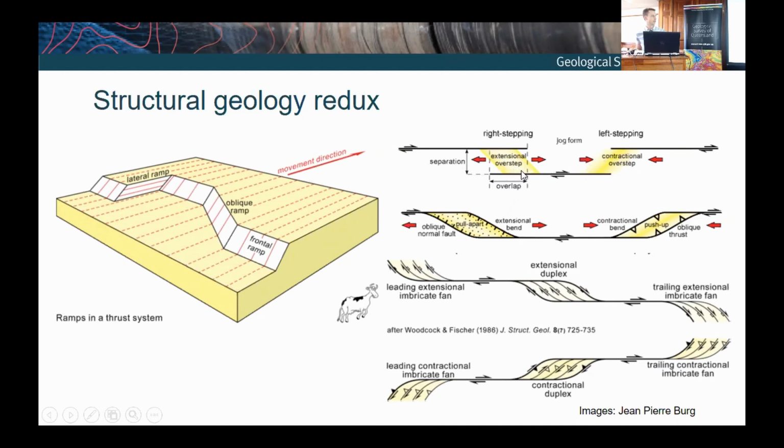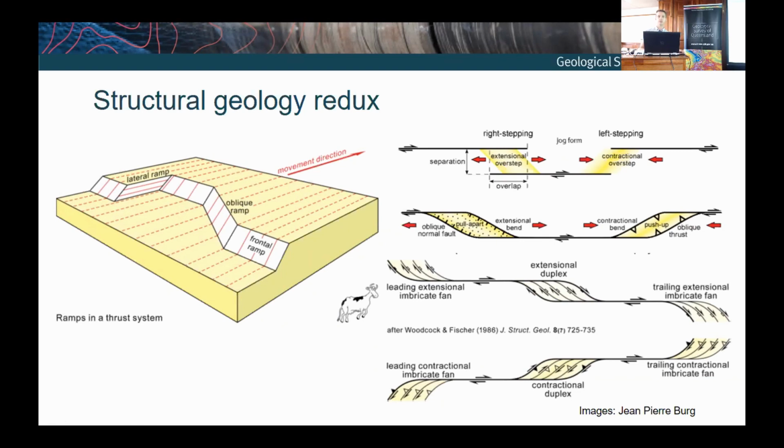You can have these manifest in a number of ways. You can get flower structures, either positive or negative. You can get pull-apart basins and pop-ups. And you can also get strike slip duplexes and things like that. So it starts to get really funky when you partition strain across these complex networks.